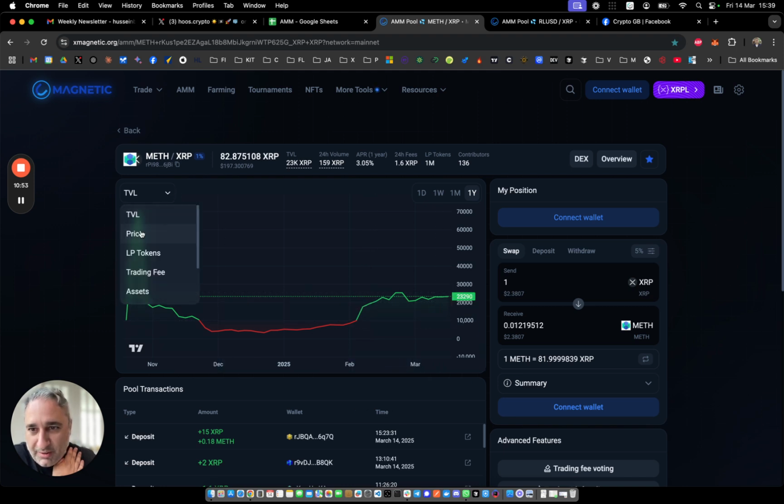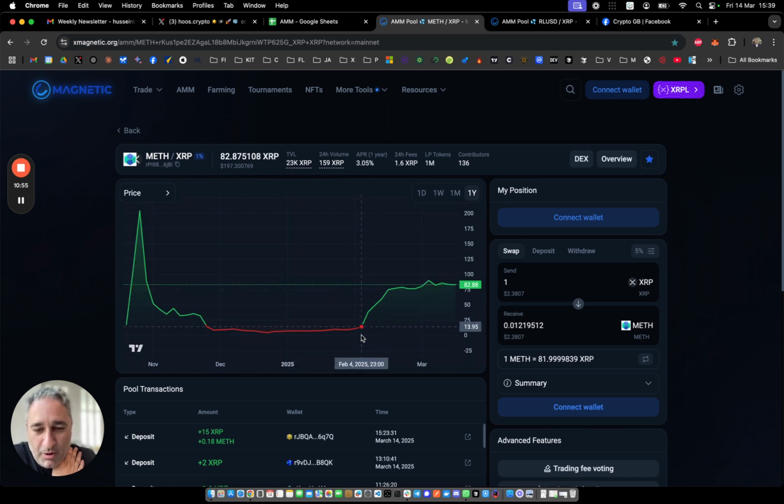This is total value, let's look at the price. What happened is, post the advent of the RLUSD XRP pool and the implementation of the Impermanent Imbalance Hedge, we started adding XRP into the MEF pool, removing MEF from that pool, and you can see what's happening to the price right now.